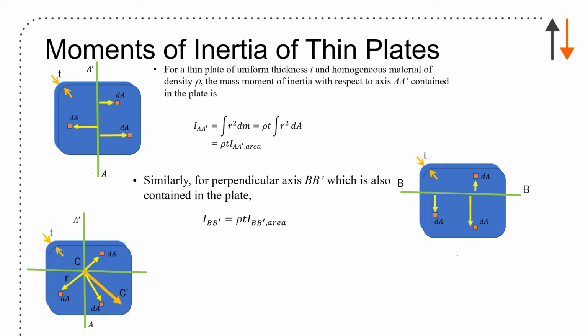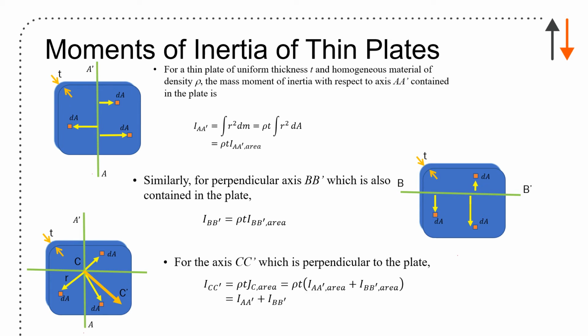Of course, the numerical values in both of these cases will be different. Finally, if I do a normal axis through the plate, I end up with I CC prime, and that's just going to be rho t times the individual area moments of inertia added up together, which gives the mass moment of inertia. So that's kind of a useful relationship too.